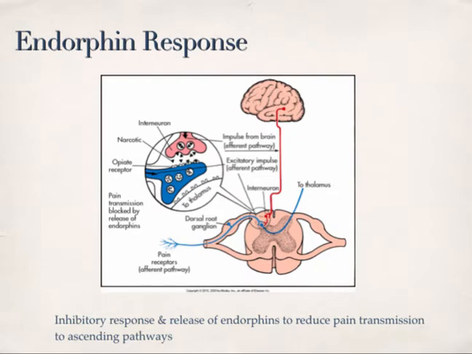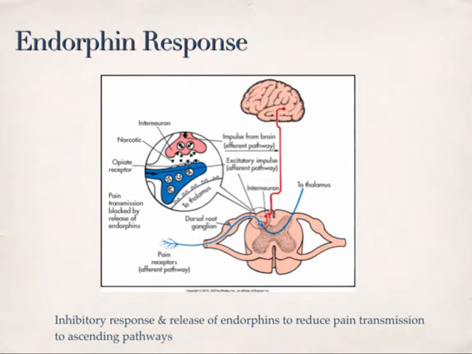This is just your normal natural endorphin response. I don't expect you to memorize this table or this box, anything in there. I'm just trying to explain to you how it interrelates with that pain inhibition. So obviously you have your afferent pathways and your efferent pathways. We'll talk about this in neuro more, but you have the response that goes up to the brain, and then obviously it gets perceived, and then it goes down that efferent pathway.